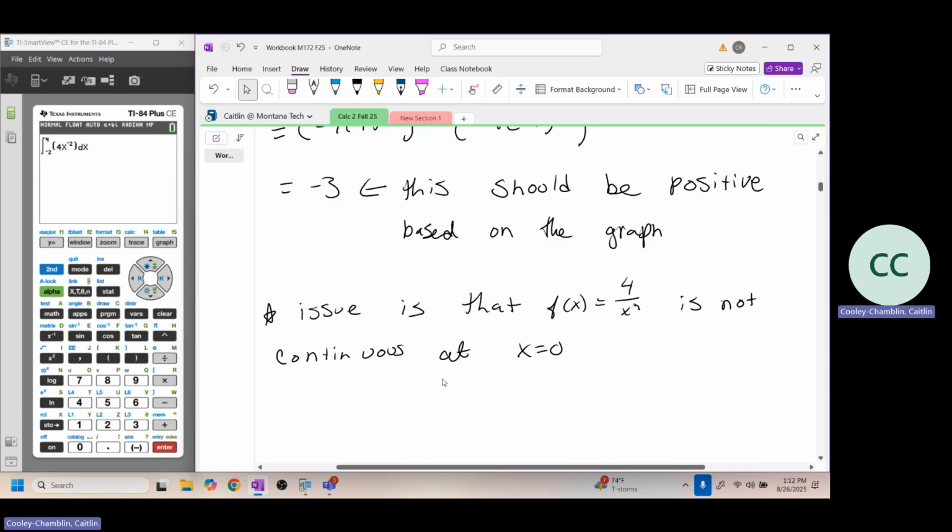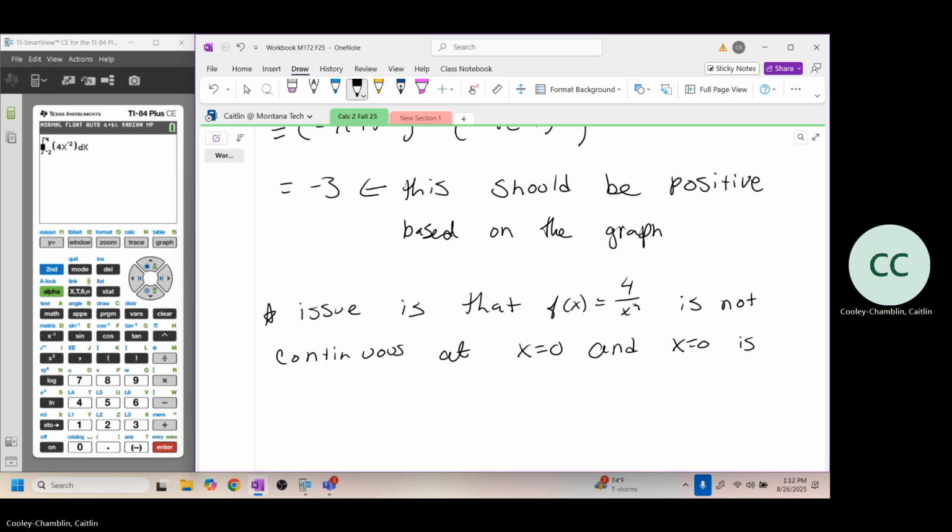And since it's not continuous at x equals 0, and x equals 0 is between x equals -2 and x equals 4, we cannot calculate the area.